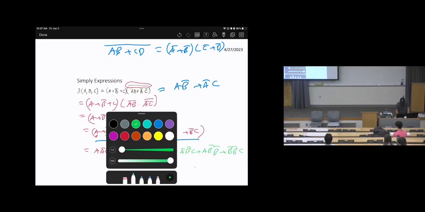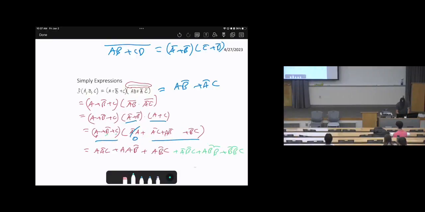Let's do the third term, which is C, plus B bar, C, C. Oh, I'm sorry. Let me do it again. C with A, so A bar, C, C, plus A, B bar, C, plus B bar, C, C.